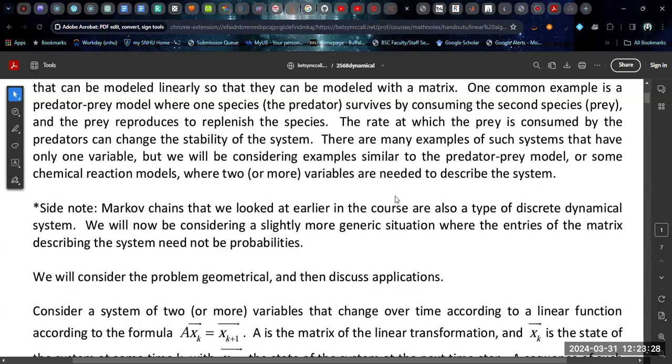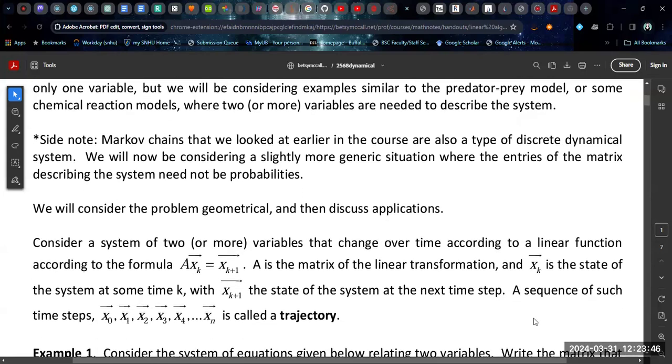There are many examples of such systems that have only a few variables, but we're going to be considering examples such as chemical reaction models, where we need two or more variables to describe the system.